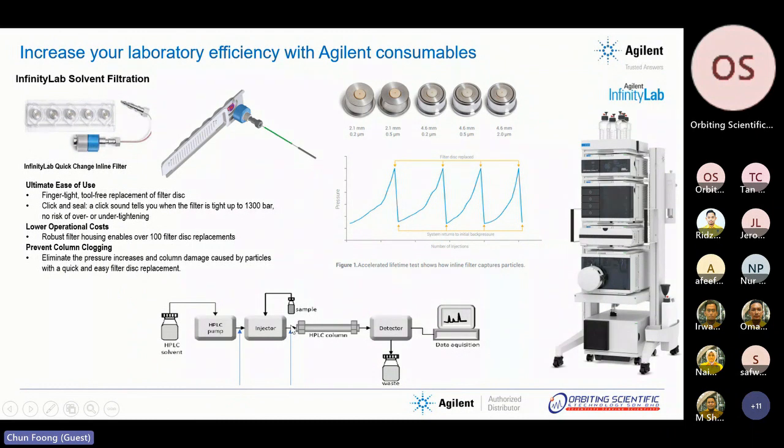This can prevent the particulates from entering the HPLC column. As mentioned in the early part of the slides, particulates can damage our column, or make our column have a shorter lifetime. So Agilent has this InfinityLab solvent filtration, the quick change inline filter that can help us to enhance the filtering process.